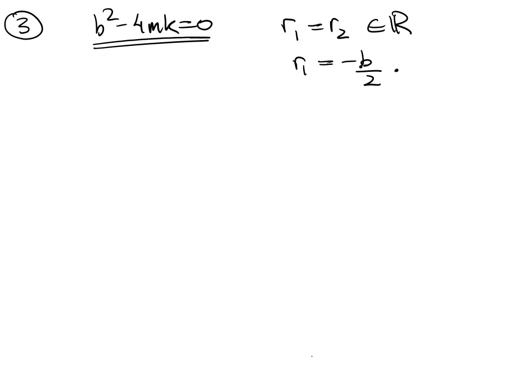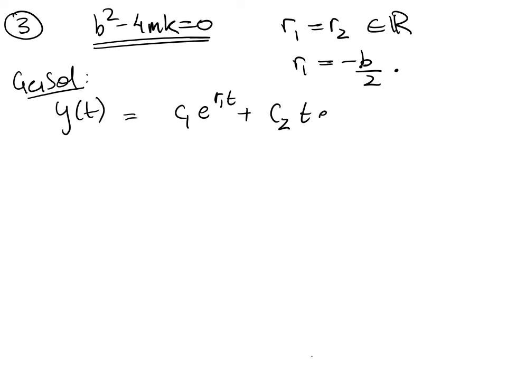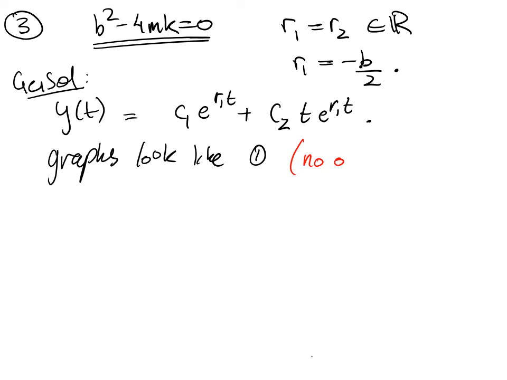And in this case, the general solution involves a sort of trick where we have an exponential and t times an exponential. And here the graphs look just like the first case. In other words, there's no oscillation.